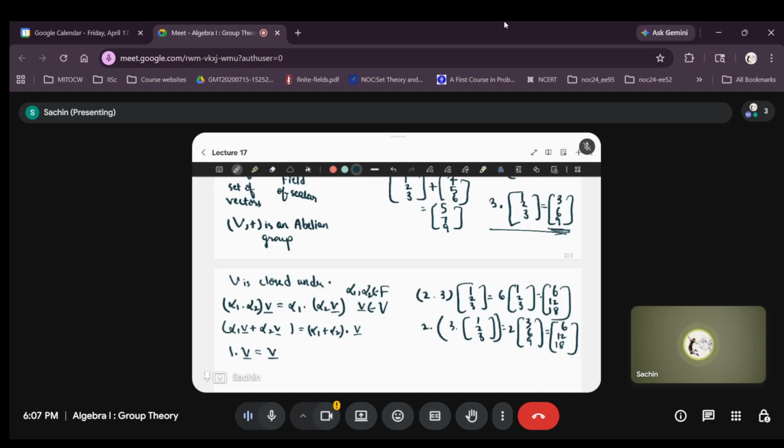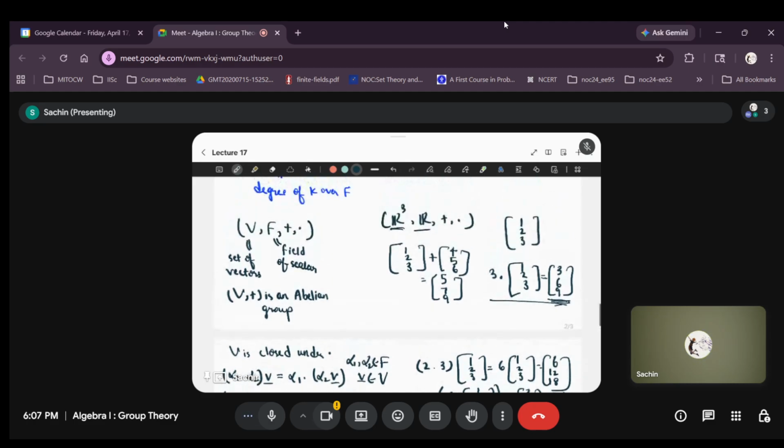So this is how we define a vector space in algebra formally.